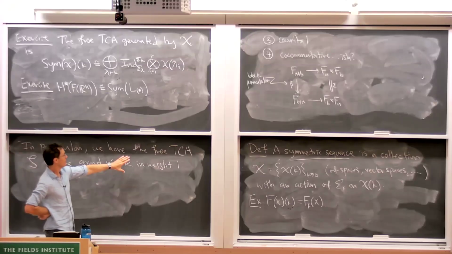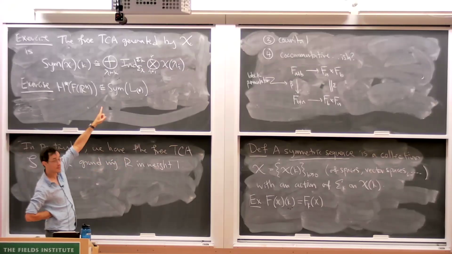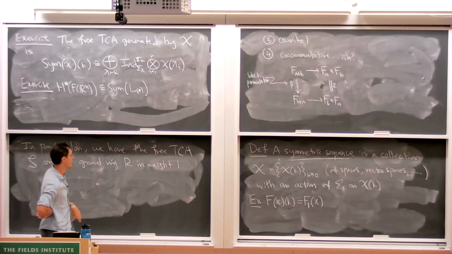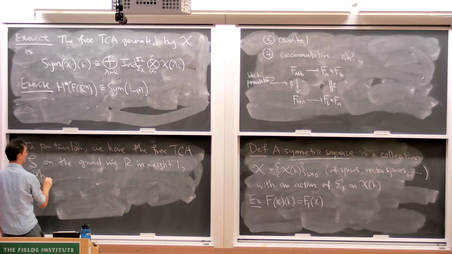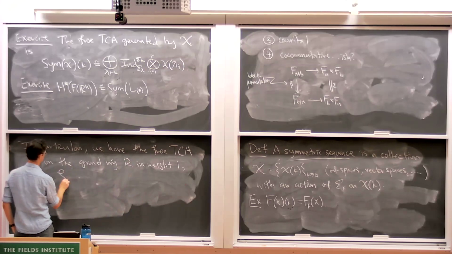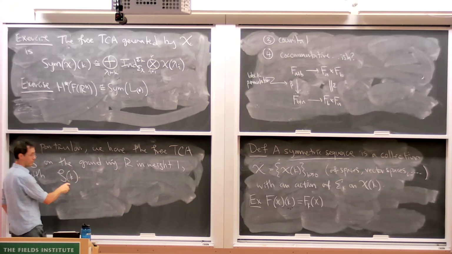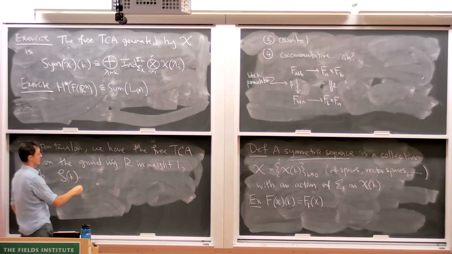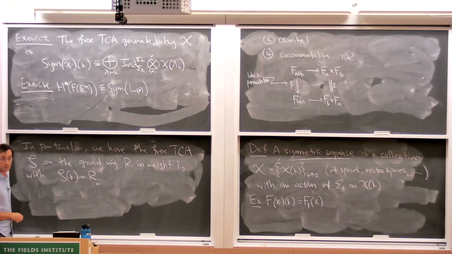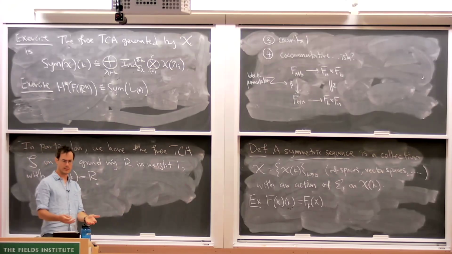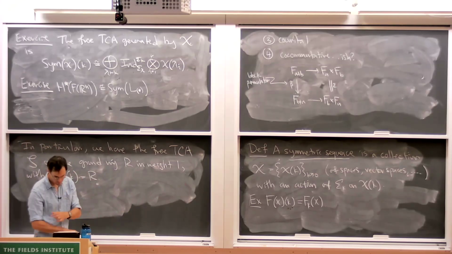If you plug this symmetric sequence into that expression, what you will find is in every arity, in every weight, this free TCA is the ground ring. So it's one-dimensional in every weight.